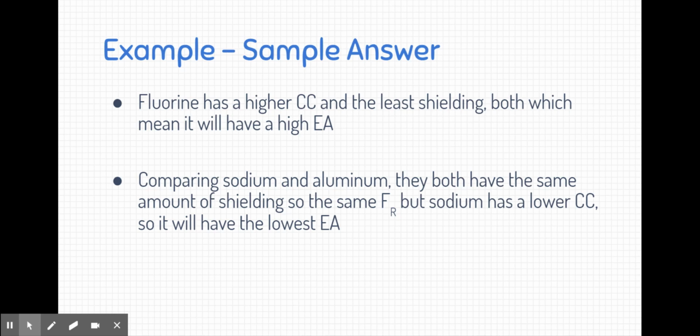So now we compare sodium and aluminum, and we saw that they both have the same amount of shielding, so no difference in the repulsion, but sodium has the lowest core charge, meaning it has the lowest force of attraction, so it will have the lowest or smallest electron affinity.